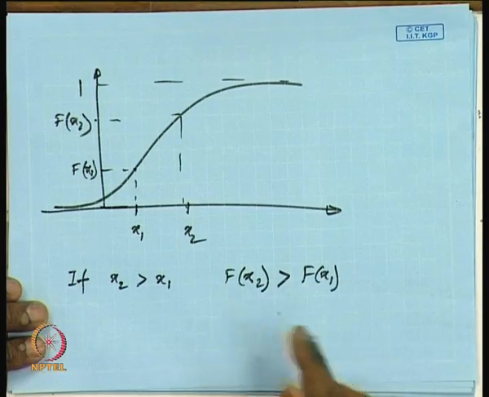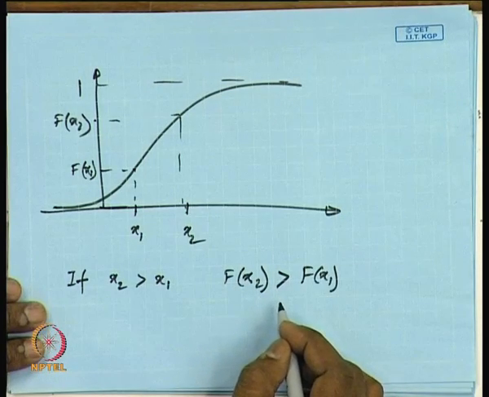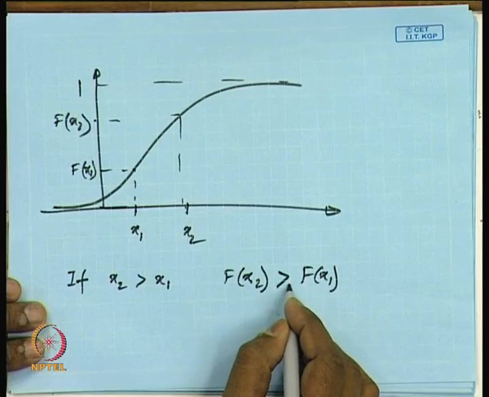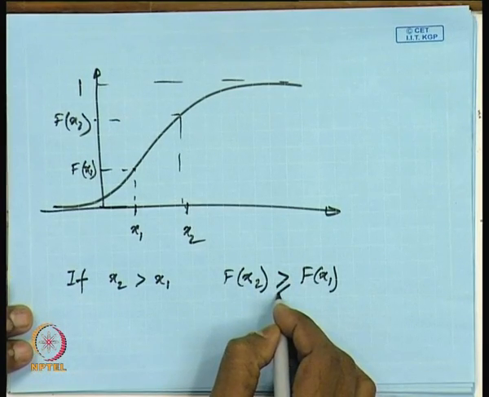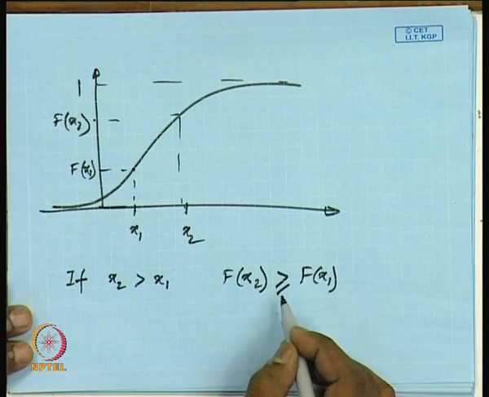So that means it is an increasing function, a strictly increasing function, but we should include one equality sign here also, just to state that this is a non-decreasing function.